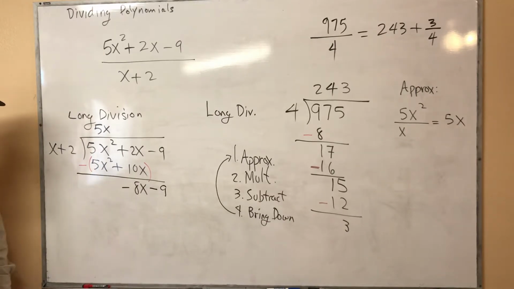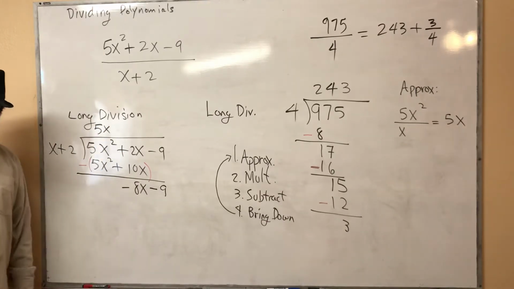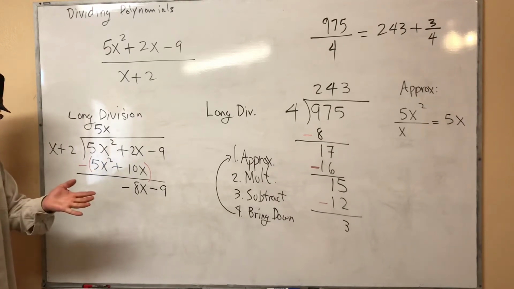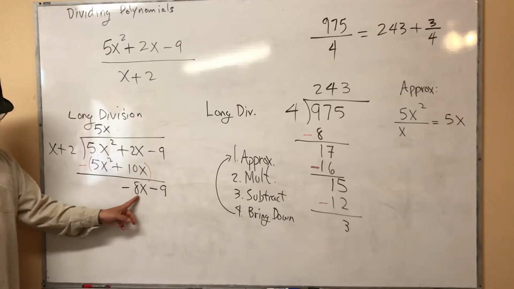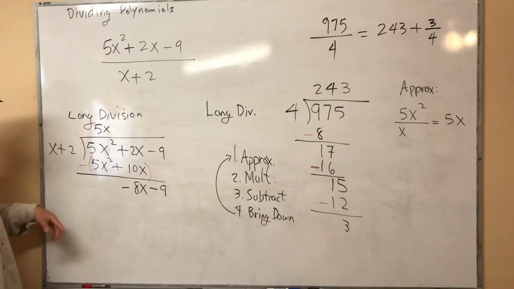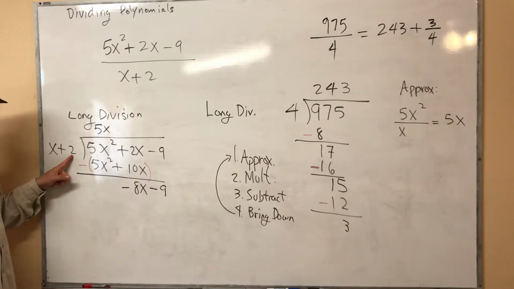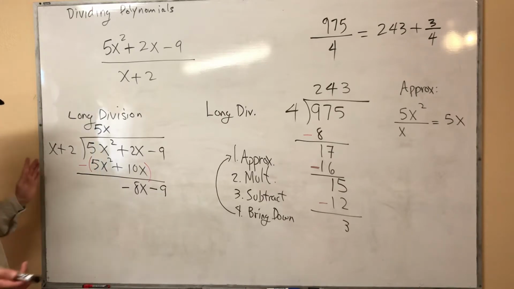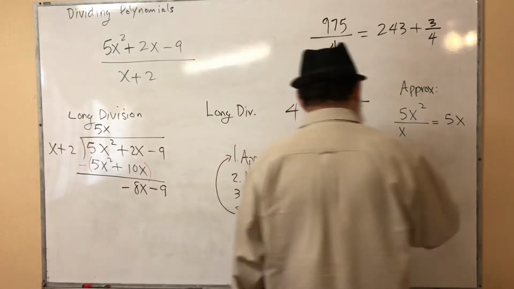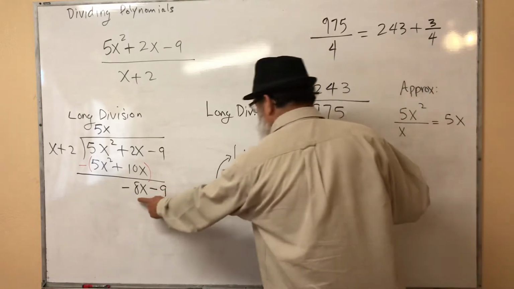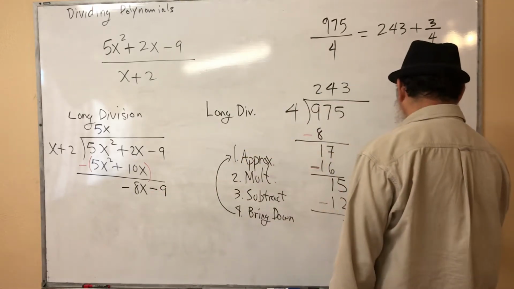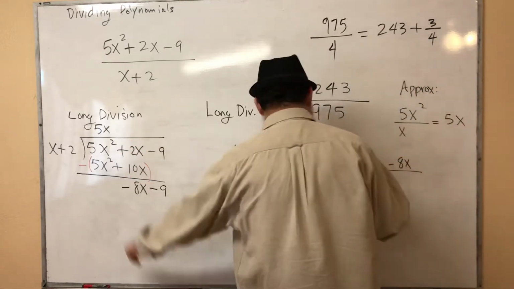And then what's next? Approximate again. Note, to approximate, just take this term divided by x, you could drop the 2. You take this negative 8x divided by x plus 2.